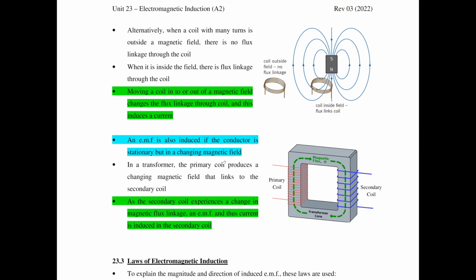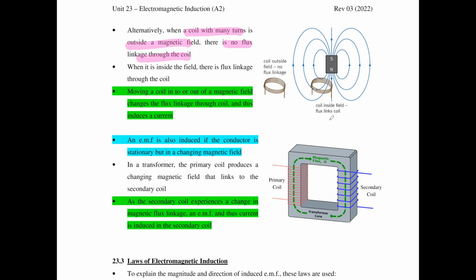As I mentioned in the first page, flux linkage refers to the total number of flux across all the coils. So consider this: when you have a coil with many turns that is outside a magnetic field, there's no flux linkage through the coil.